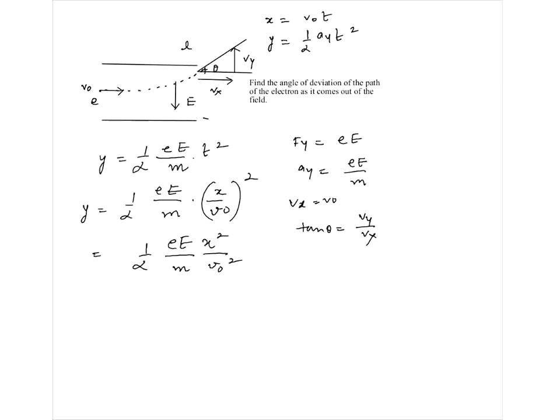So let's find Vy. Vy square is uy square plus 2 a_y y. What is uy? Can you tell me?